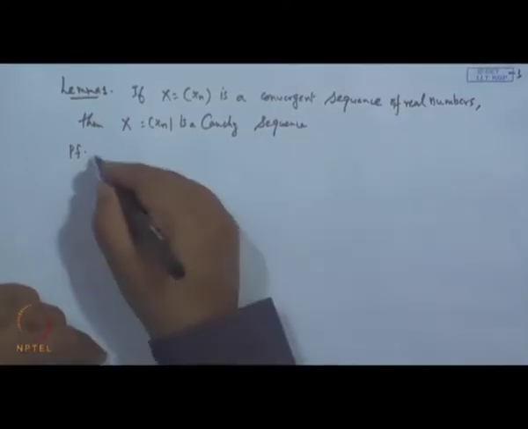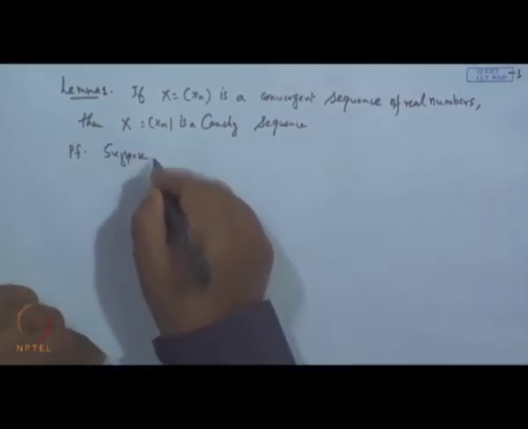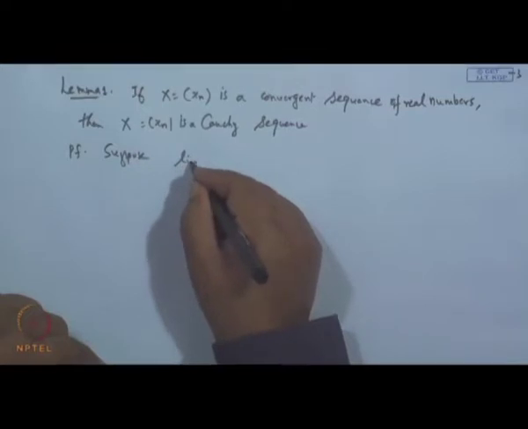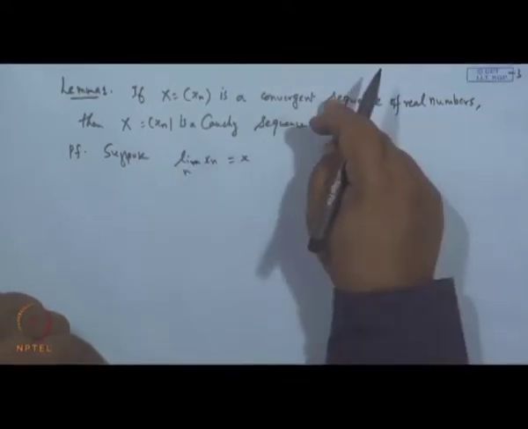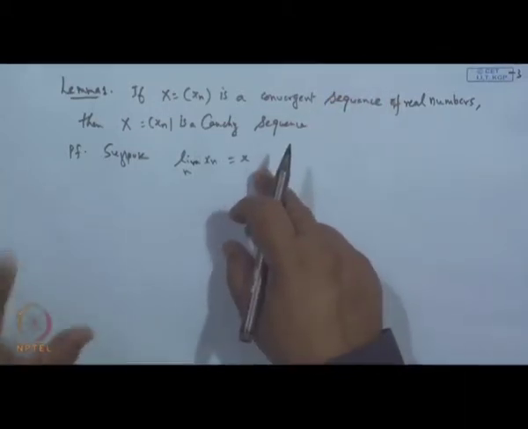Suppose the limit of x n as n tends to infinity is x, because it is a convergent sequence. So, the limit will exist, and suppose this limit is x.